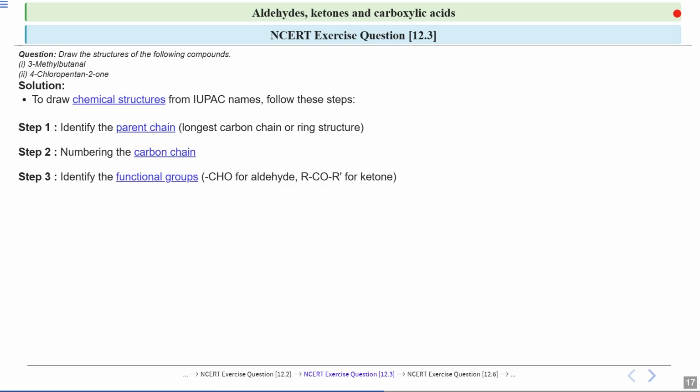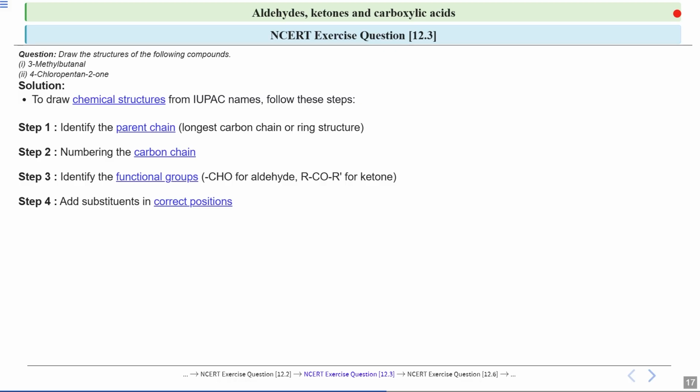Step 3 is to identify the functional groups. For example, an aldehyde group is written as CHO. And a ketone group has a carbonyl group attached to two carbon groups, where R and R' are the carbon chains. Next, you have to add any substituents like methyl or chloro at the correct position on the parent chain.